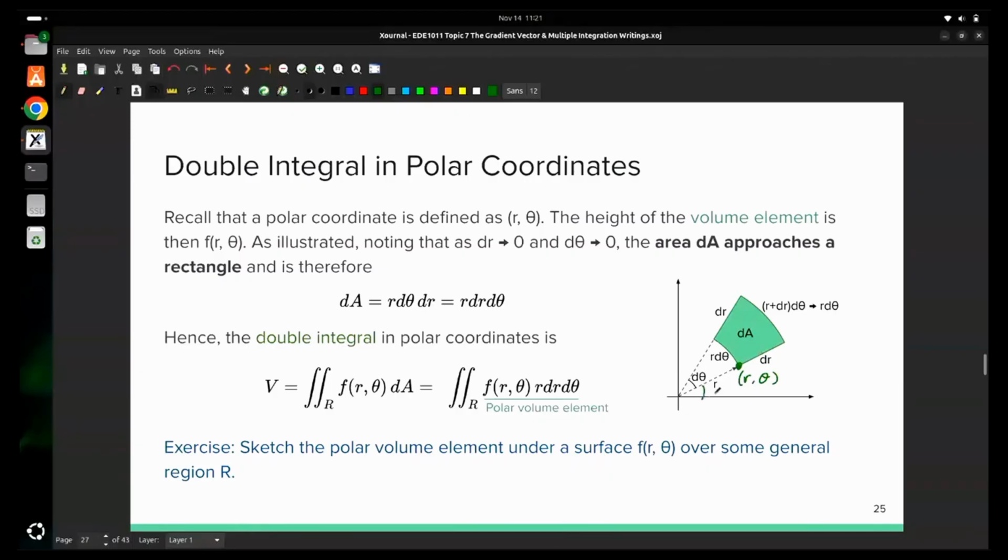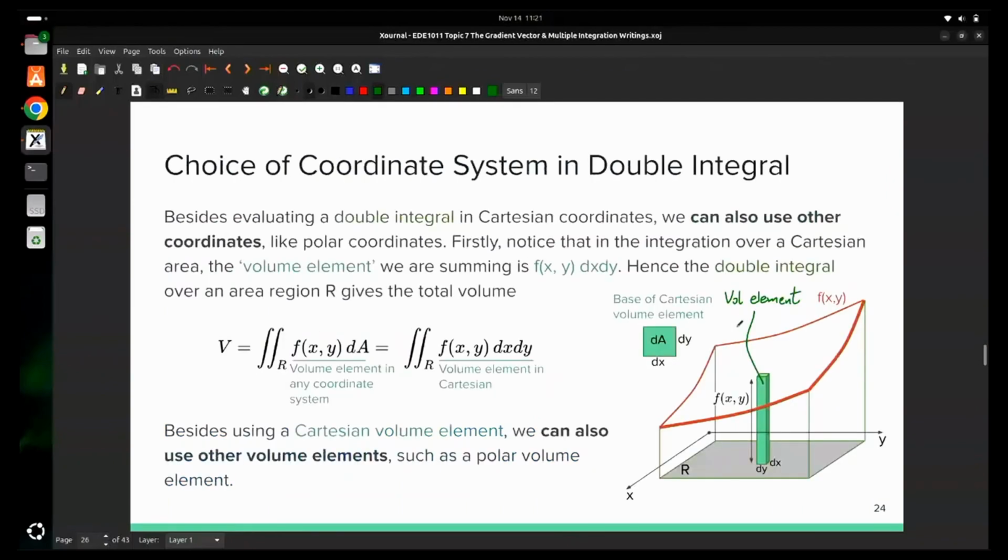Theta is this angle. I give you the angle and the radius from the origin, and you can identify the position of a point. Therefore I have r and theta. Now what is the element here? Similar to the Cartesian element, you have the directions x and y, and you want a small change in x, called dx, then a small change in y, called dy.